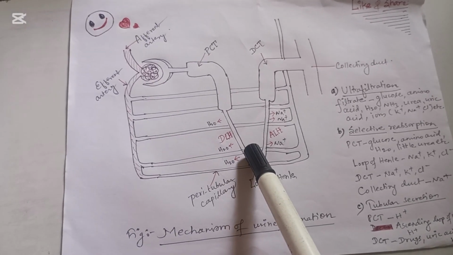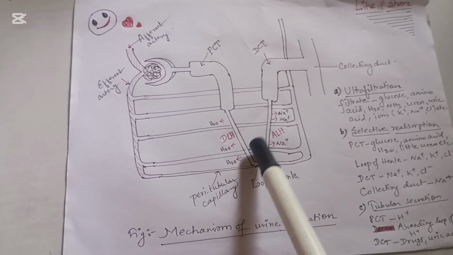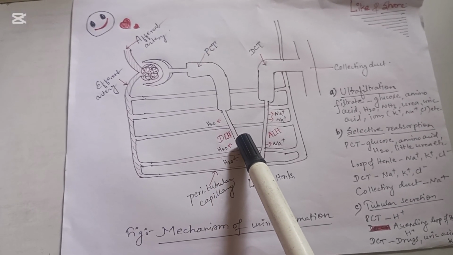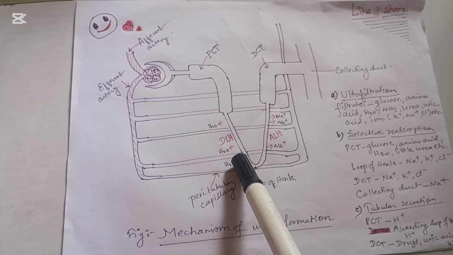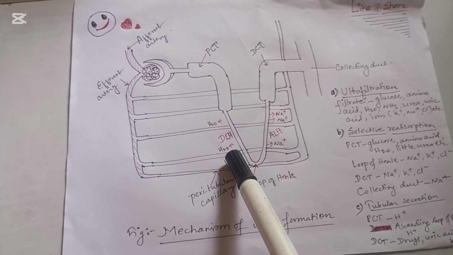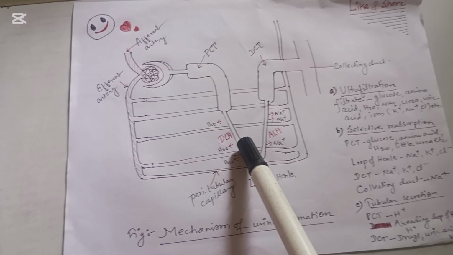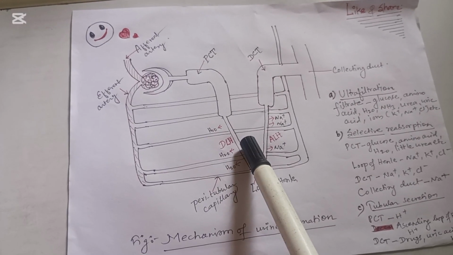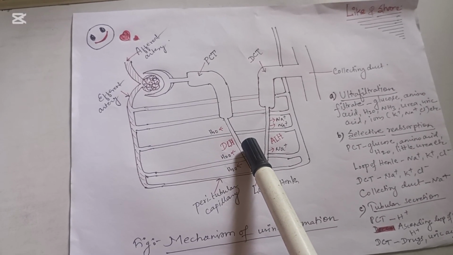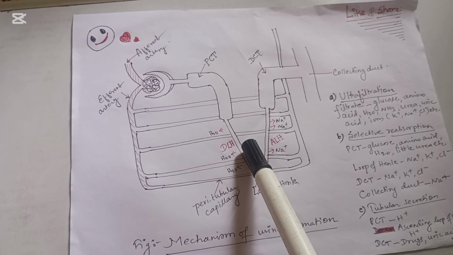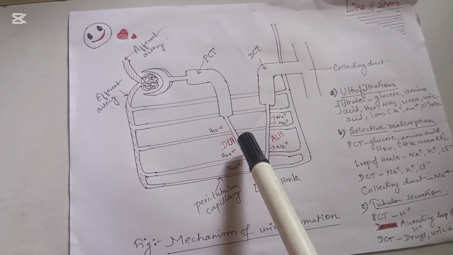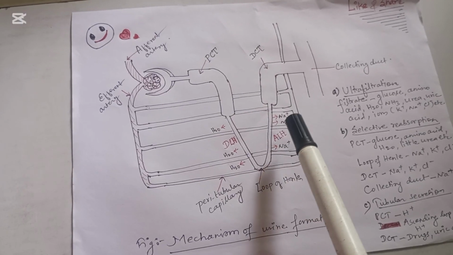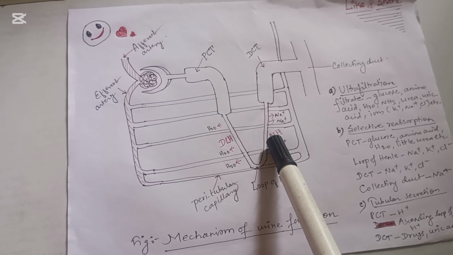Here the wall of the descending loop of Henle is permeable to water. So as shown by the arrow, the water is released from the descending loop of Henle, but it is impermeable to ions like sodium, chloride ions, etc.